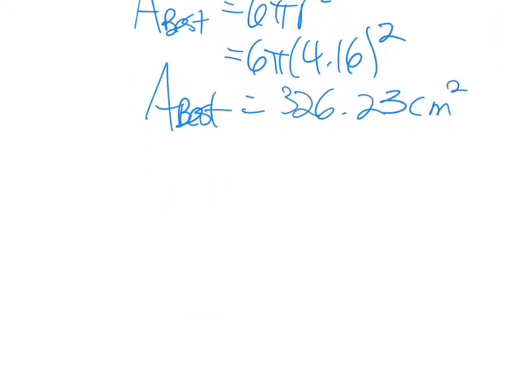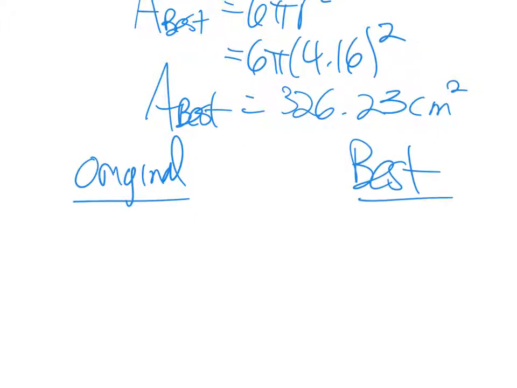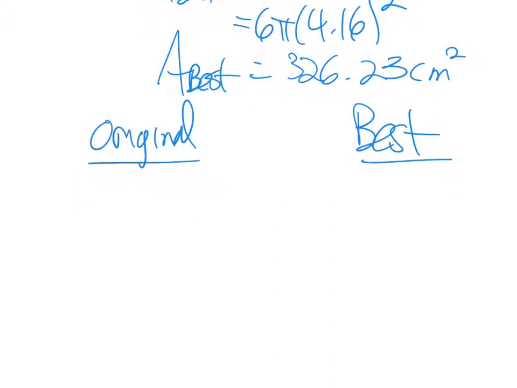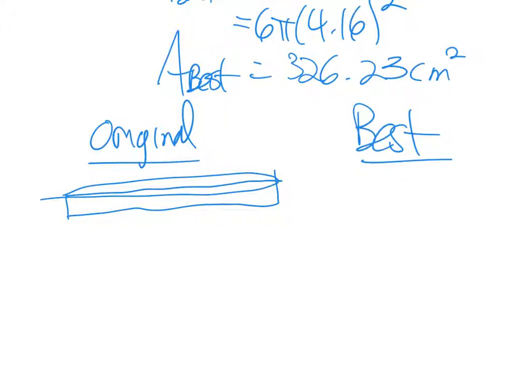So finally, let's compare these. Here's our original cylinder and the best cylinder. The original one was like this, a cylinder like so, right? It had a radius of 12 and a height of 1.